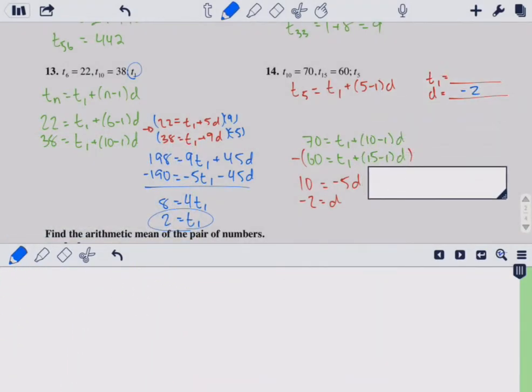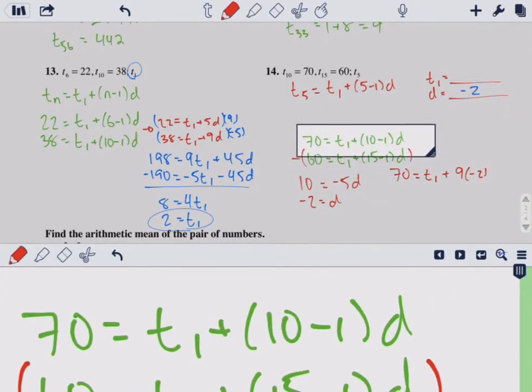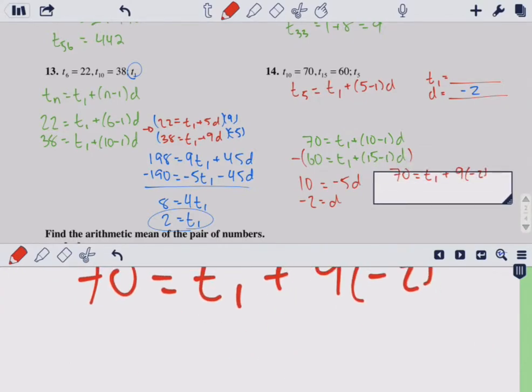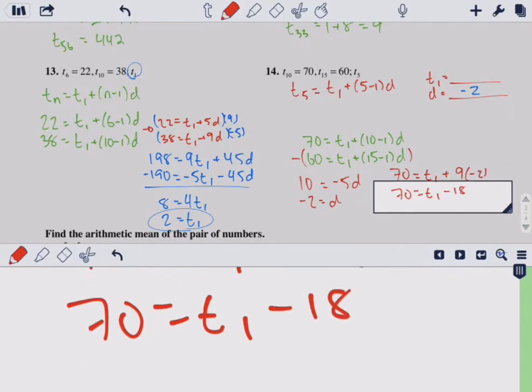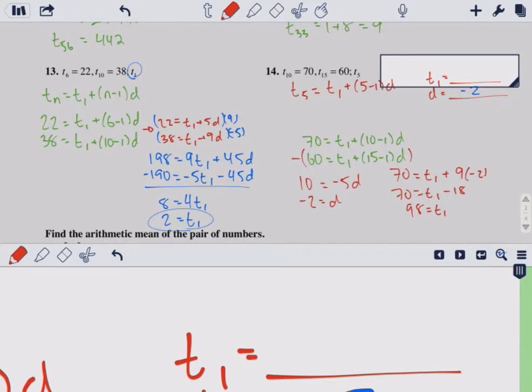Alright, now if d is equal to negative 2, I can come over here and solve for that. 70 is equal to t sub 1 plus 9 times negative 2, and that's using this equation here. Okay, 10 minus 1 is 9, d is now negative 2, so I get 70 is equal to t sub 1 minus 18, or 88 is equal to t sub 1. So that gives me t sub 1.